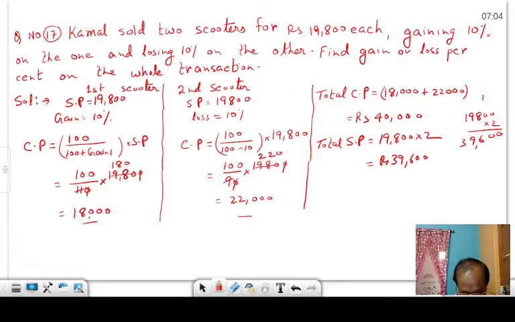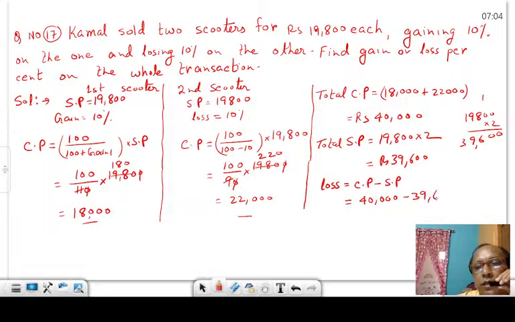Now, since the cost price is greater than selling price, there will be a loss. Loss is cost price minus selling price. Then we will get 40,000 minus 39,600. That is a loss of rupees 400, right?